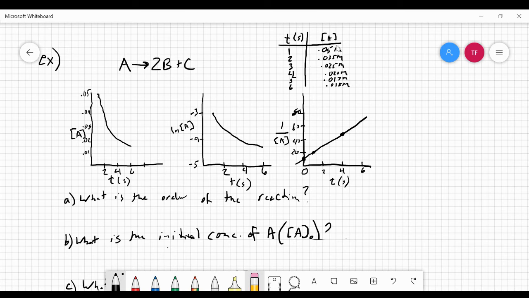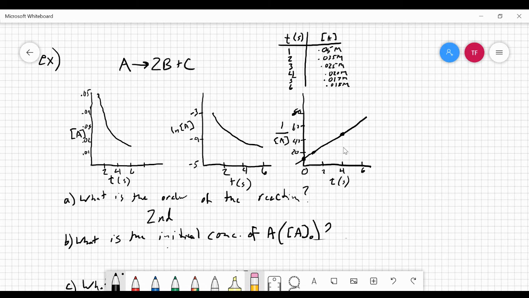Then we took the inverse of all these concentrations and graphed the inverse versus time, and this was the graph that we got. And if you'll notice, we have a line. So what does that mean for this reaction? Well, if we graph the inverse of concentration versus time and it gives us a line, then we know that it is a second order reaction. So what is the order of the reaction?